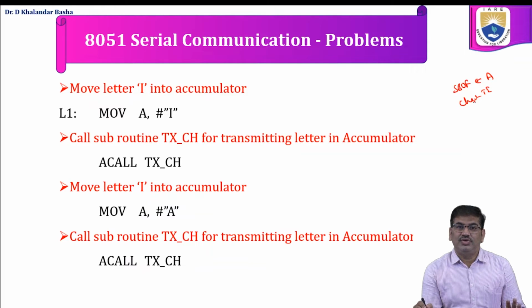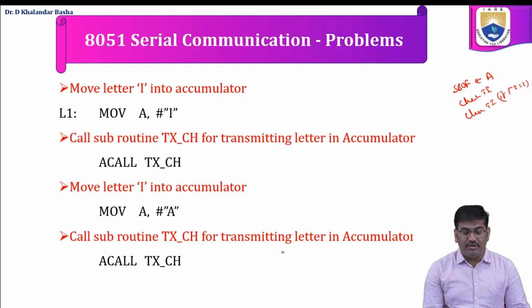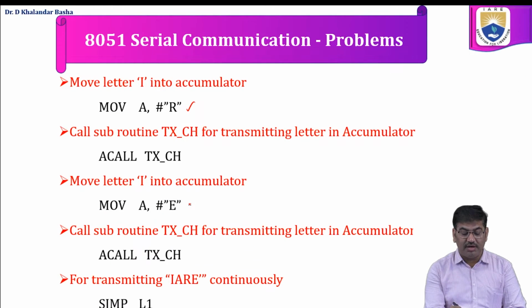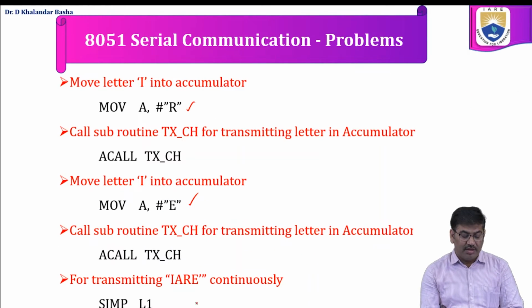If TI is equivalent to 0, keep polling. If TI is equivalent to 1, clear TI. After sending I and A, we pass R and E in the same manner. Then for repeated execution, we write SJMP L1.